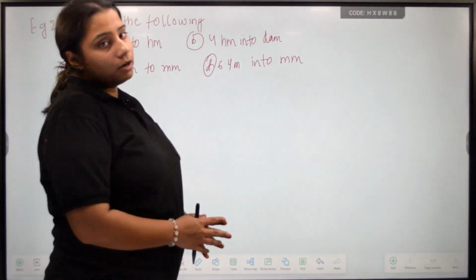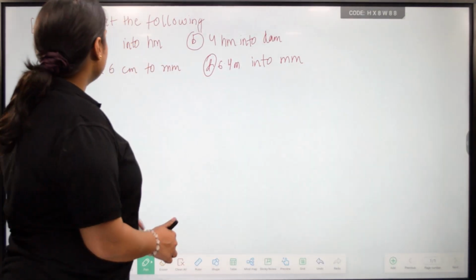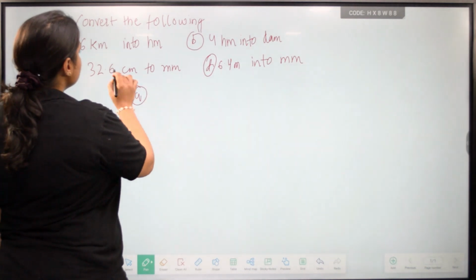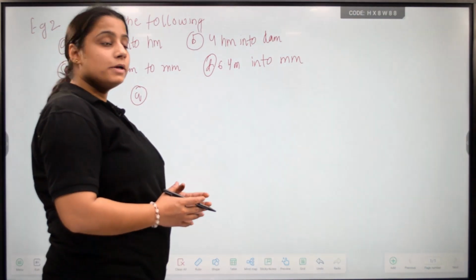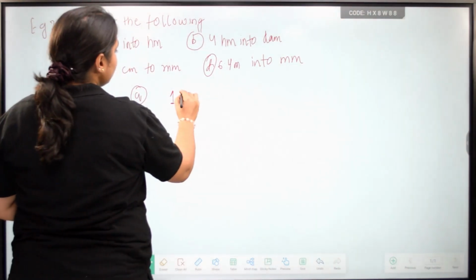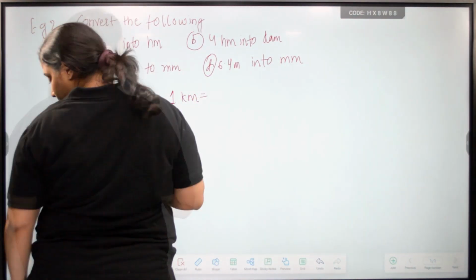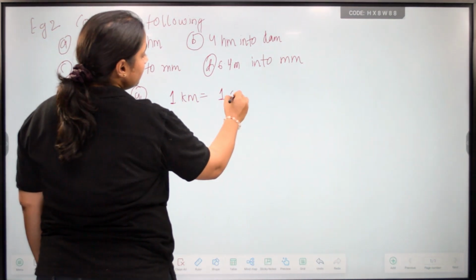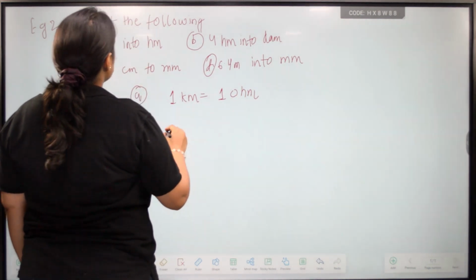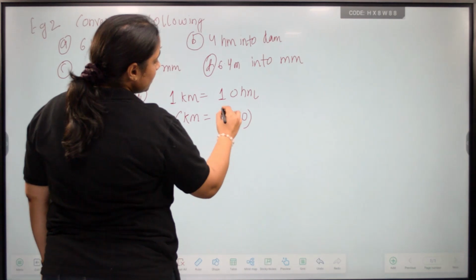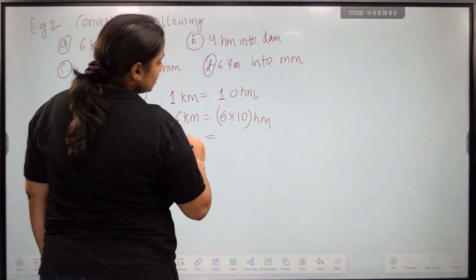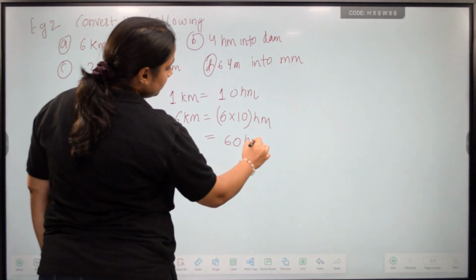Example number 2, convert the following. Part A, 6 kilometers into hectometer. We know that 1 kilometer is equal to 10 hectometer. Therefore, 6 kilometer will be equal to 6 into 10 hectometer, which is equal to 60 hectometer.